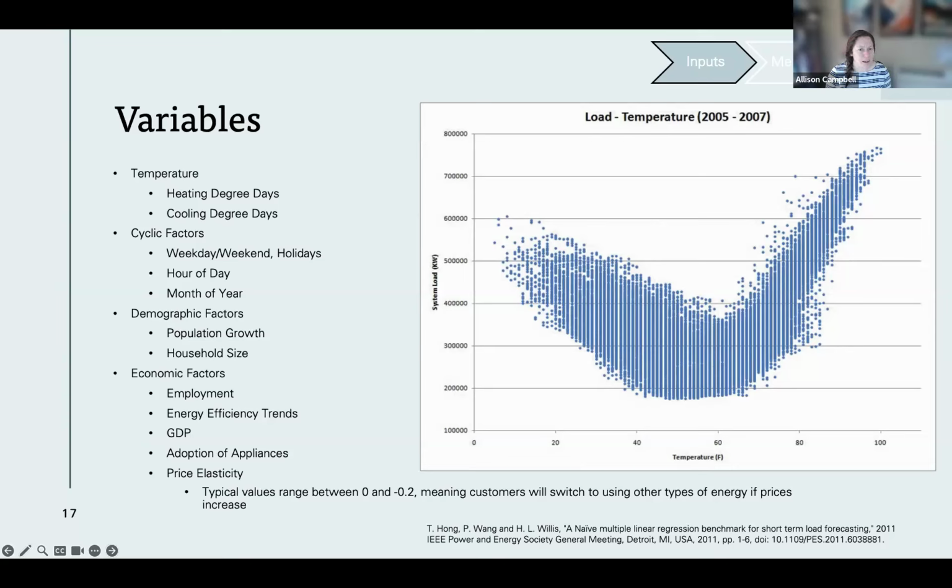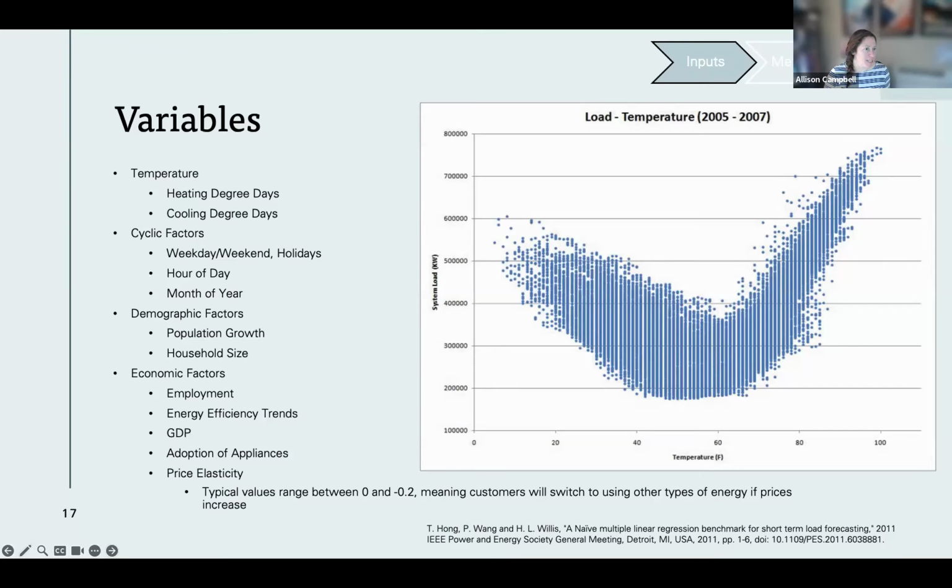And so we can even break up the dependence of your load on temperature and make it a piecewise linear relationship. The point here is that the variables have a strong correlation with your forecast. So temperature is very important, one of the most important, especially for load forecasting.